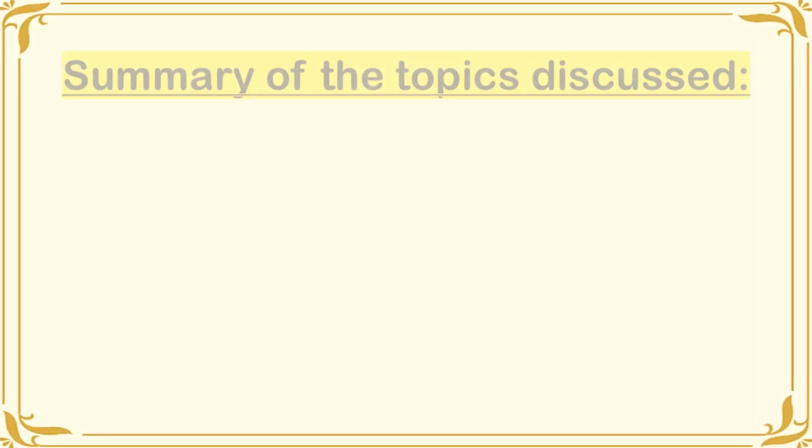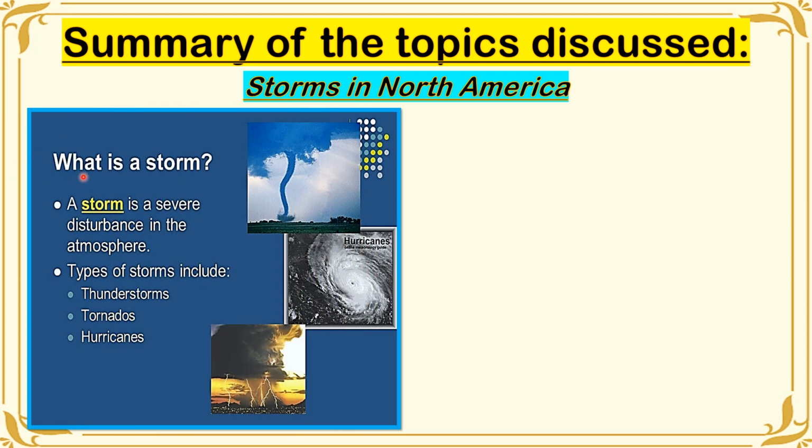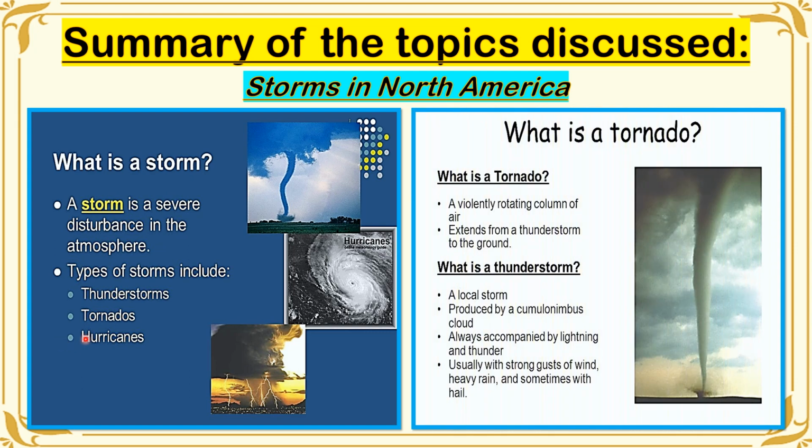Now, class, just to summarize the topics that we have discussed, which was about storms in North America. What is a storm? A storm is a severe or very strong disturbance in the atmosphere. So as you can see in the pictures, class, types of storms include thunderstorms, tornadoes, and hurricanes. Now, what is a tornado?